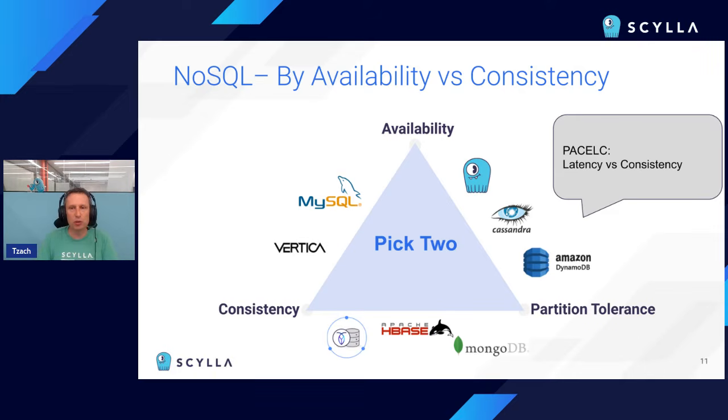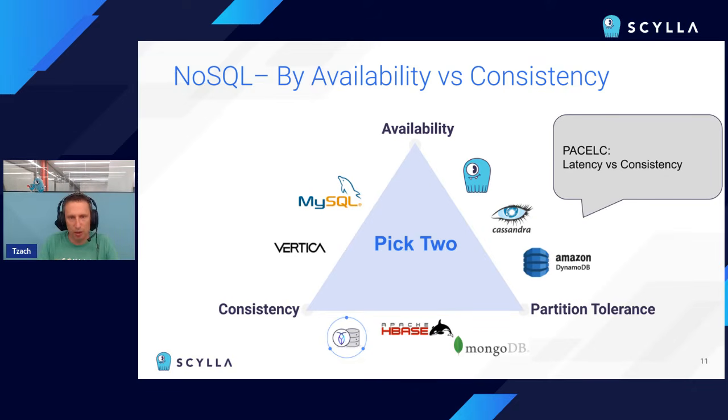Another dimension to think about how to map NoSQL databases is using the CAP theorem, which basically compares or puts all the databases on a map between availability and consistency. On this schema, Scylla is more on the availability side, and that means, and I will demonstrate it soon, that even if parts of your cluster are down for some reason, the database is still available.